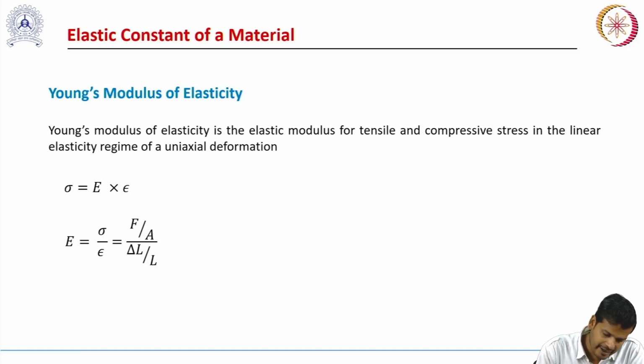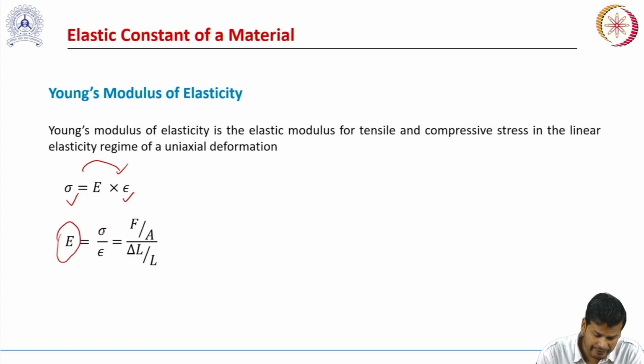Accordingly, we can define the stress and strain relationship as stress is equal to E, where E is the Young modulus of elasticity, multiplied by the strain. So this Young modulus of elasticity is nothing but the ratio of stress to strain. What is my stress? It is force divided by area. And what is my strain? How much deformation in the length divided by the original length.